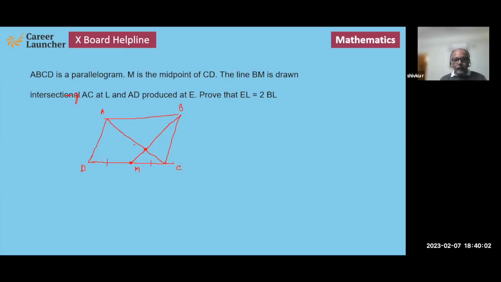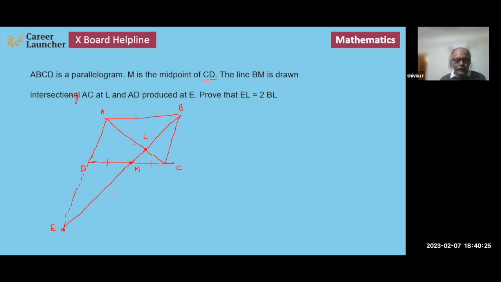BM is drawn intersecting AC at L and AD produced. AD produced का मतलब इसको अगर हम extend करते हैं, ये जो point है, it is going to meet here at E, right? So we must remember this, how to draw the figure, very important in this case.